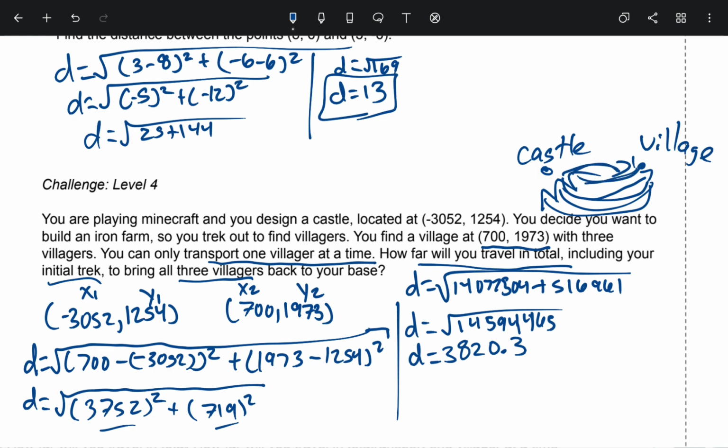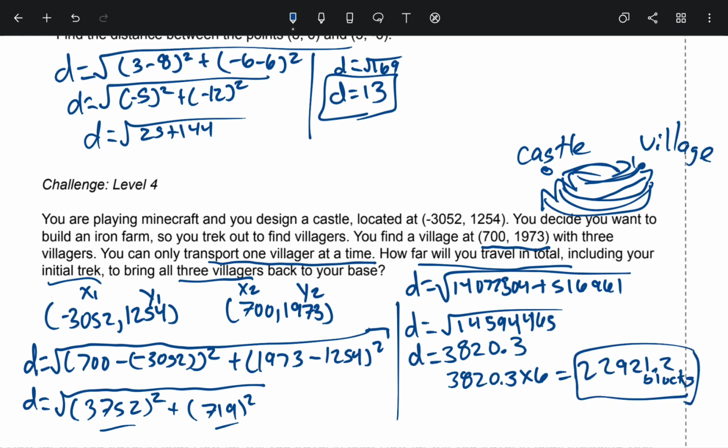So we went 3,820.3 blocks 6 times. So we're going to multiply that by 6 to get 22,921.2 blocks total, because we went the same path 6 times.